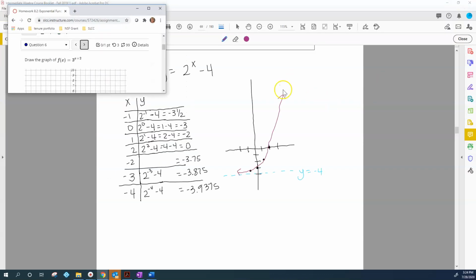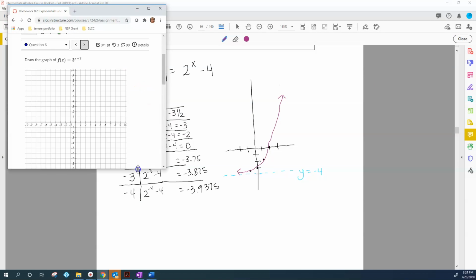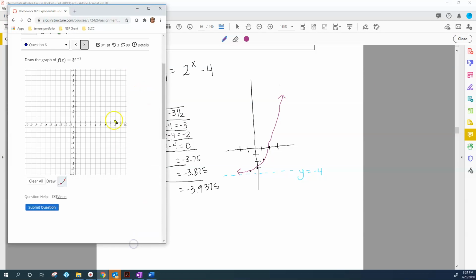So you can kind of see. All right, so this one looks a little bit different. We have 3 to the x plus 2 power, and so that's different than what we have on this last one, 2 to the x minus 4. So the subtracting 4 is all after it, and that's where my asymptote is.